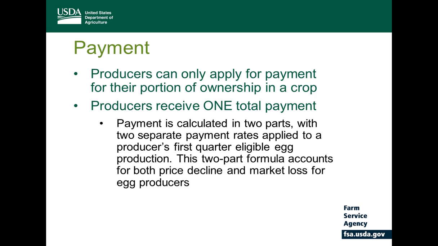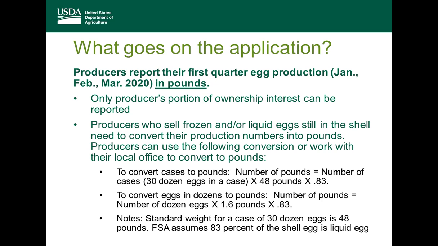It's 6 cents per pound for frozen eggs for the CARES Act, and 2 cents per pound for CCC for frozen eggs, and then 5 cents per pound for the liquid eggs for CARES Act, and 2 cents per pound for liquid eggs for CCC. But now all payments will be paid at 100%, and they'll get them all when they apply.